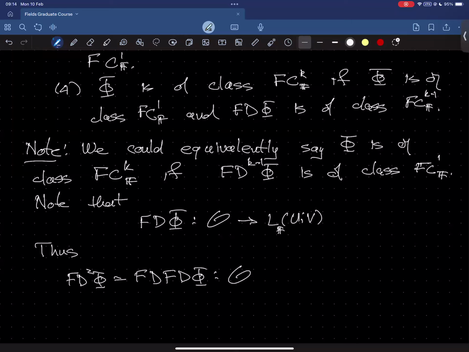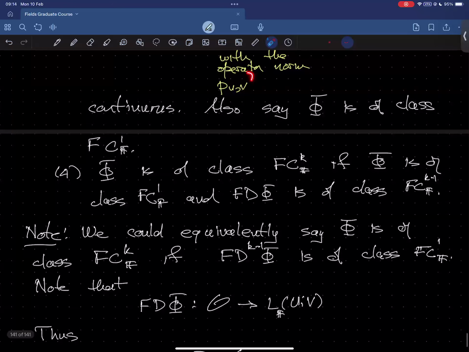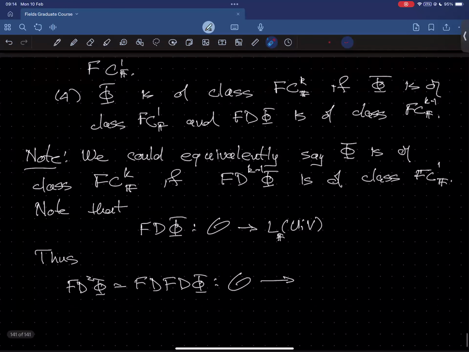So this is going to be a mapping from O still, okay? And so the first derivative maps O into this normed vector space, right? So this vector space has the operator norm, okay? So this is a mapping from an open subset of a normed space into a normed space. Okay, so the derivative of the derivative is defined in the usual way.